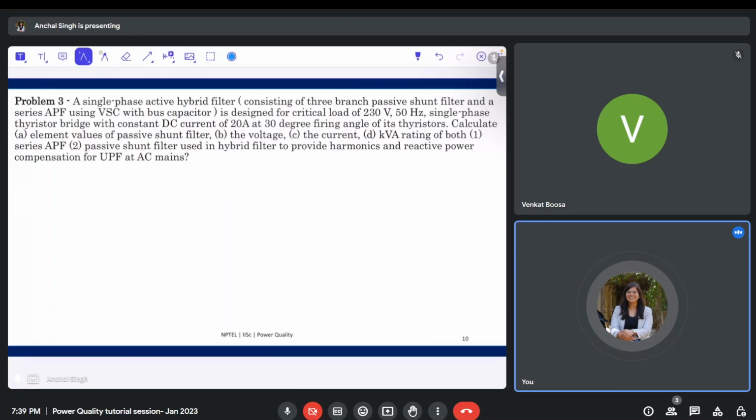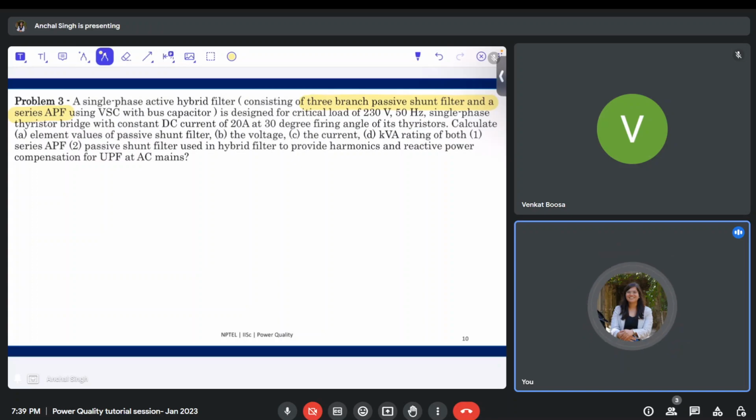Let us move on to the third problem for the day. In this third problem, again, we are given a single phase active hybrid filter consisting of three branches of passive shunt filter and a series active power filter using a voltage source converter with bus capacitor.